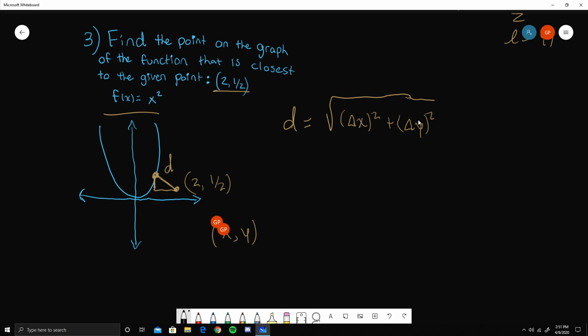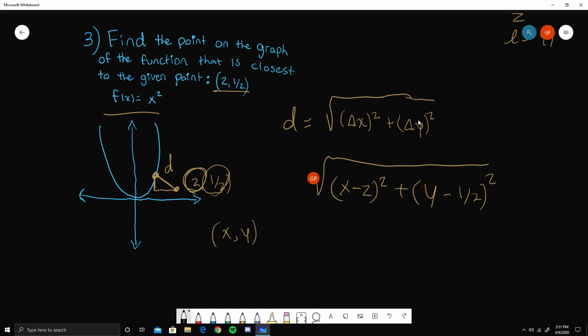So that difference from this point would be x minus 2, so this would be x minus 2 squared. And then the change in the y would be y minus 1/2 from here, so we'll get y minus 1/2 squared. And of course we have the square root over everything.